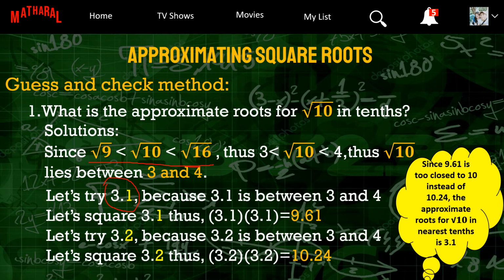So that is why the approximate root of square root of 10 in tenths is 3.1 po. 3.1 po tayo dito. Hindi tayo 3.2. So let's proceed.